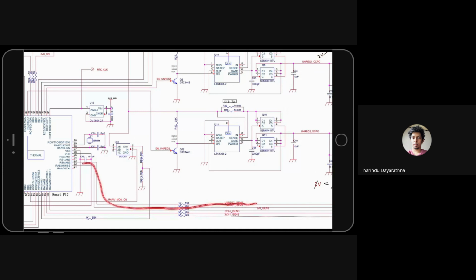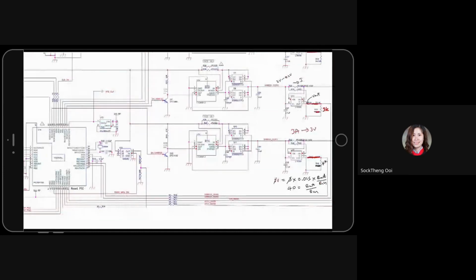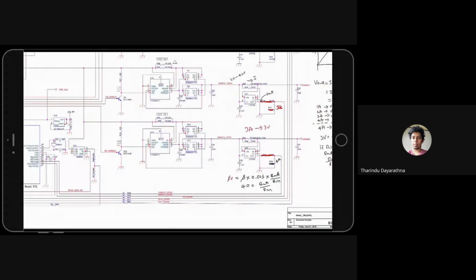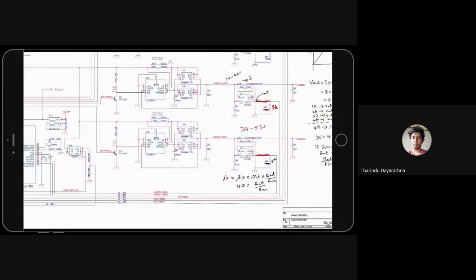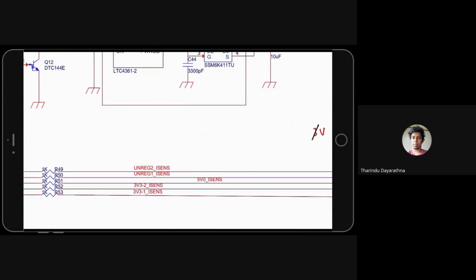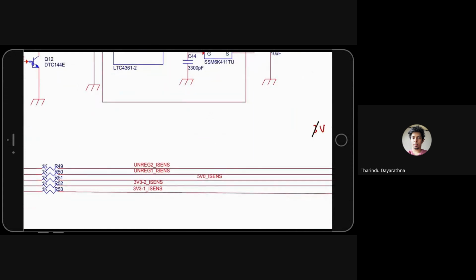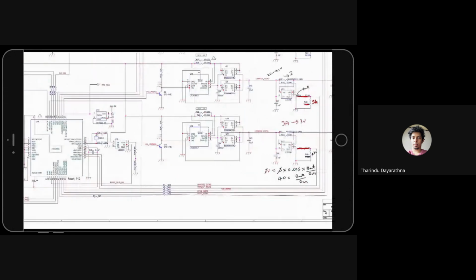Then you can measure it using this. Very simple. Basically, every analog line goes to the PIC. You can see here, 100 sense, 102 sense, 101 sense, 5 volt sense. Everything goes there, and we can measure it here.